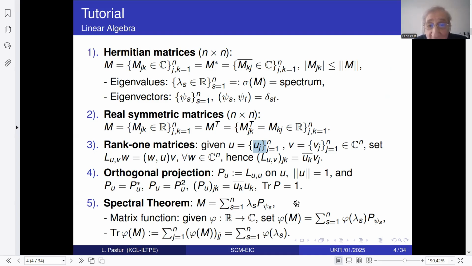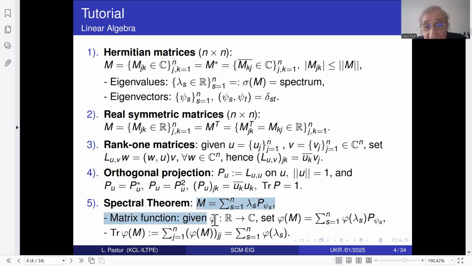And quite important, I would say the cornerstone of the spectral theory of Hermitian matrices, and by the way Hermitian operators, is the spectral theorem, according to which any Hermitian matrix can be written in that form: a linear combination of projections on eigenvectors, with the eigenvalues as coefficients. This allows us immediately to define any function of the matrix.